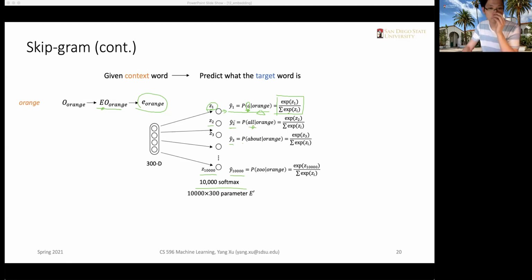Okay, so the computation of Z1 needs to utilize a second set of parameters. All these connections have parameters associated.